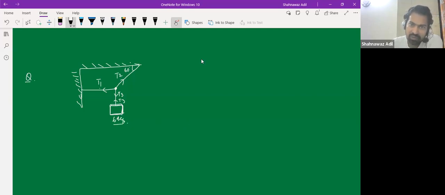Find out what T1 and T2 are. The system is at equilibrium.